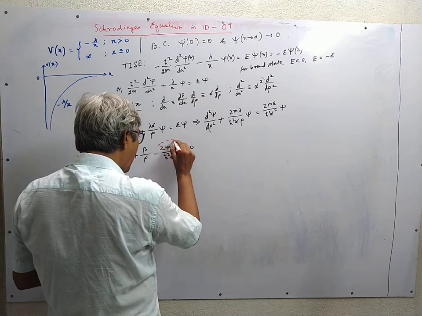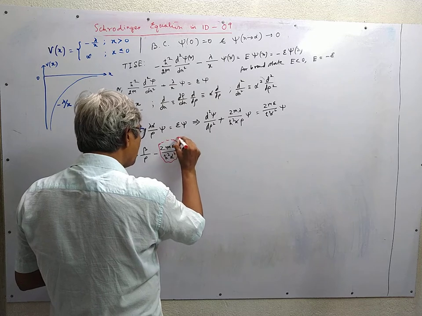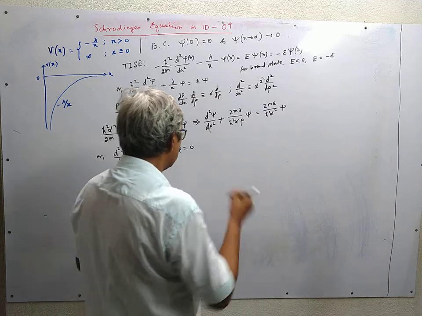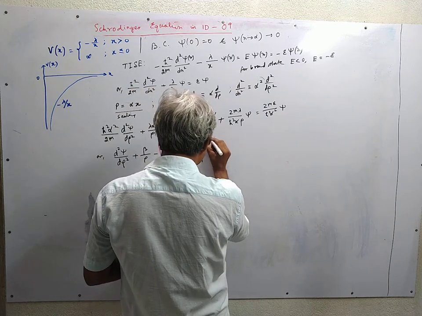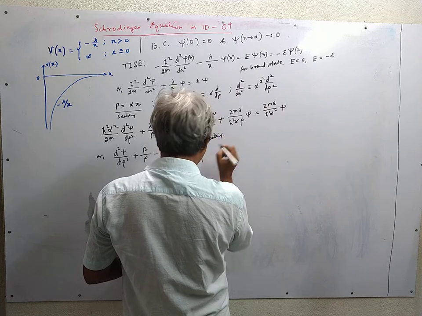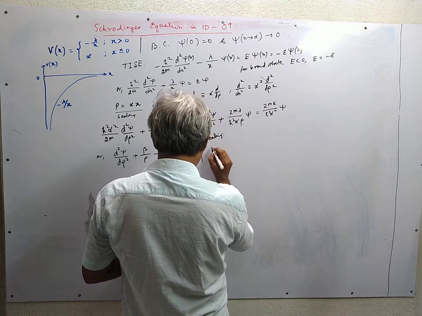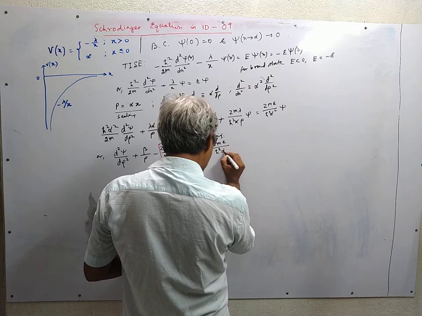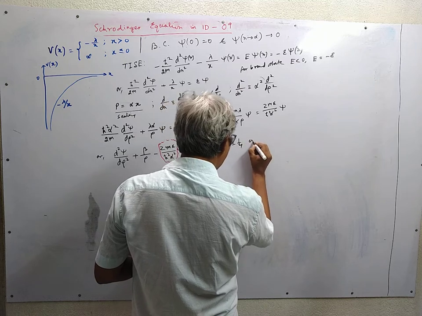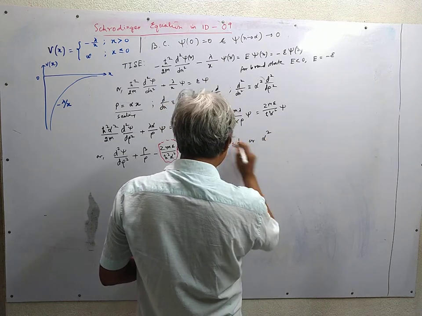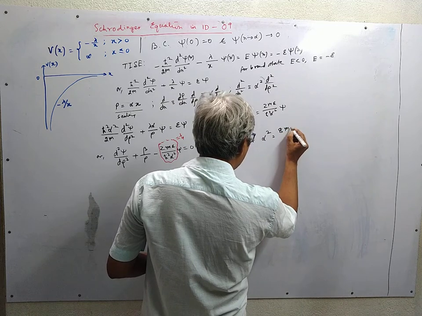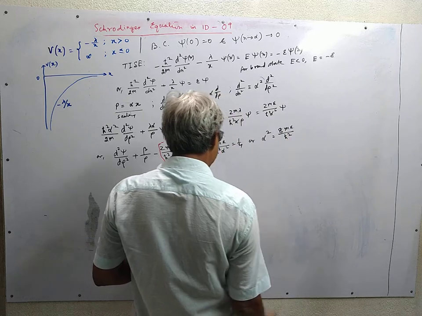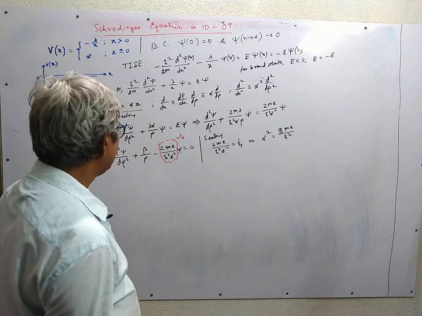We choose alpha in such a way that this coefficient is 1 by 4. So we choose the scaling such that 2m epsilon by h bar square alpha square is equal to 1 by 4, or alpha square is equal to 8m epsilon by h bar square.